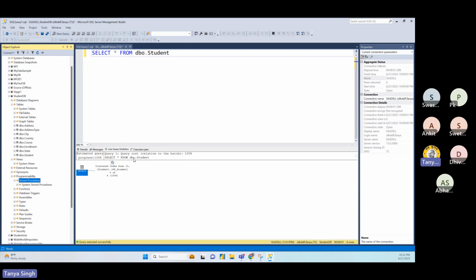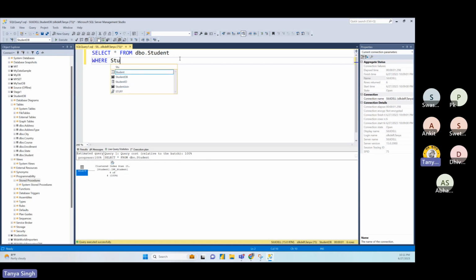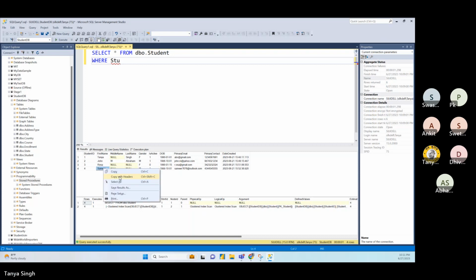It's pre-compiled, and the other thing is that it's used for encapsulation also. Encapsulation means hiding the information. Because if you are writing something like this, where student name equals Samir, this is my SQL query.